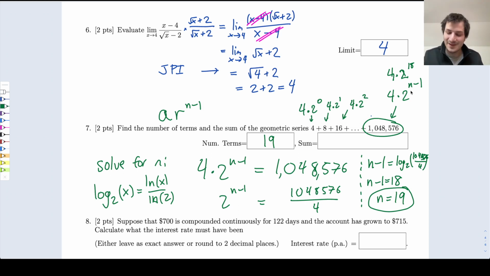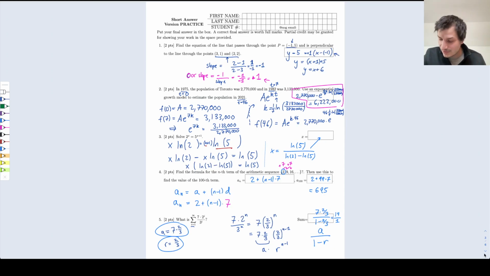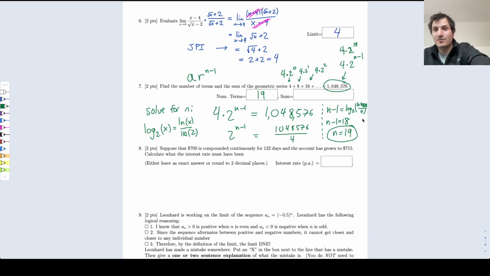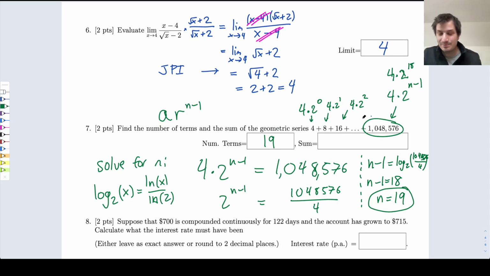What is the sum? To do the sum, you got to know the formula for the sum of a geometric series. We used the infinite version already a couple questions ago. The version for a finite sum should also be on your notes. The sum, I believe the formula is a times 1 minus r to the n divided by 1 minus r.